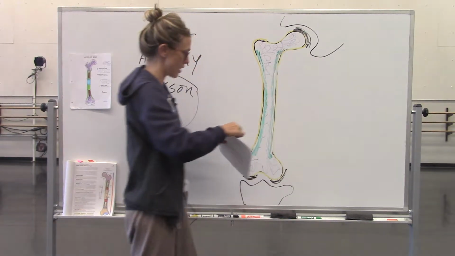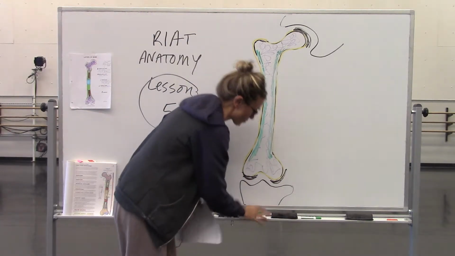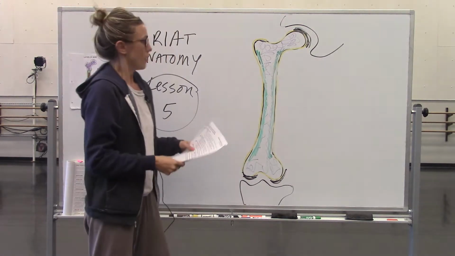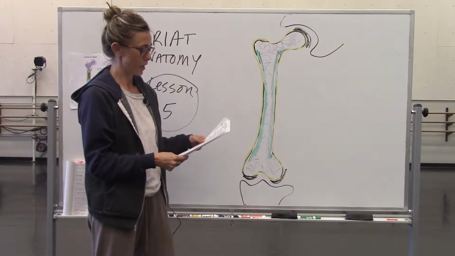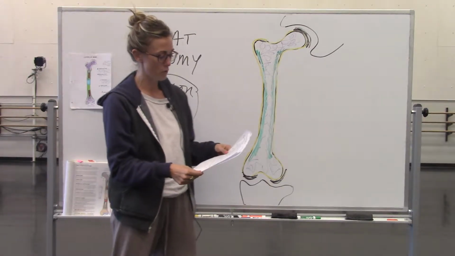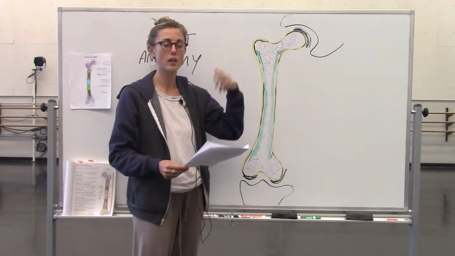In between the spaces in the sponge is bone marrow and blood vessels. So it's an inner meshwork of bone. I like that idea of sponginess or a meshwork inside the bone.